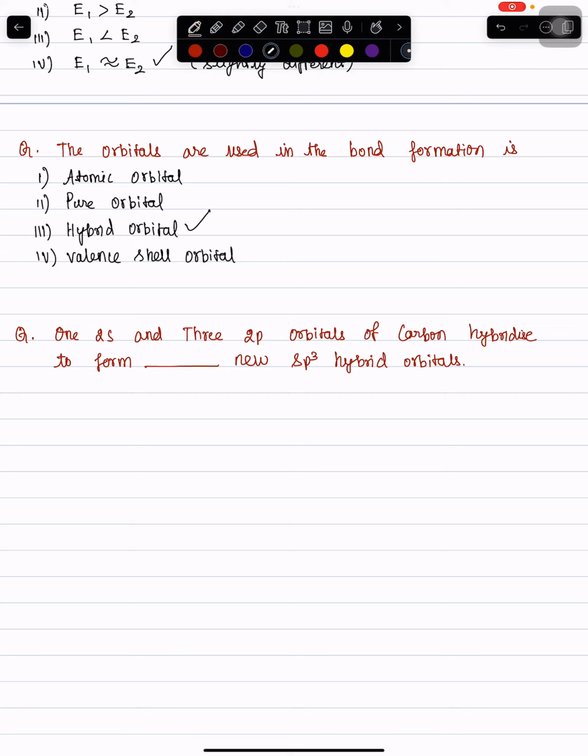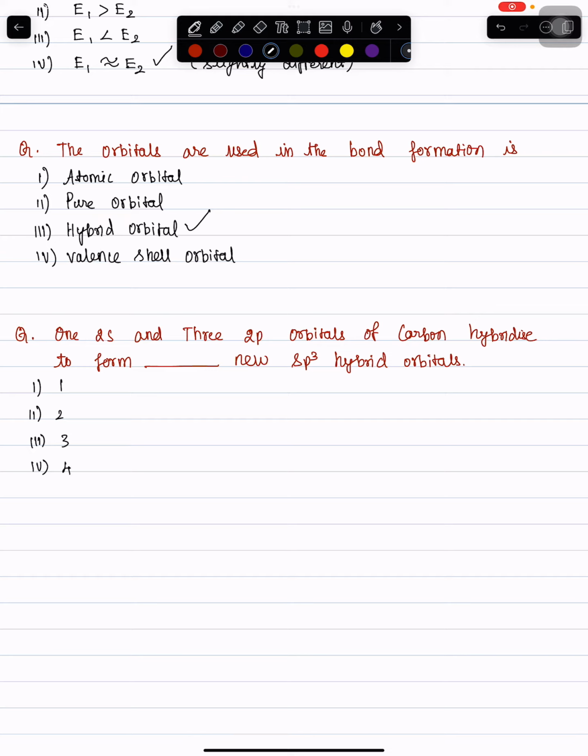So one 2s orbital and three 2p orbitals are going to intermix, so how many new sp3 hybrid orbitals are we going to get? 1, 2, 3, 4.